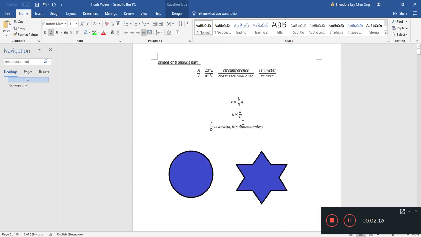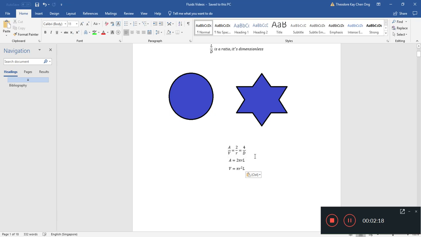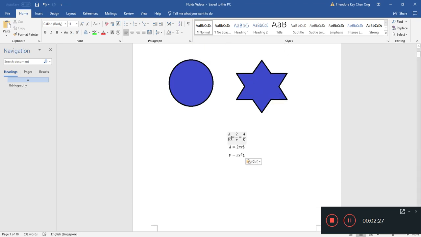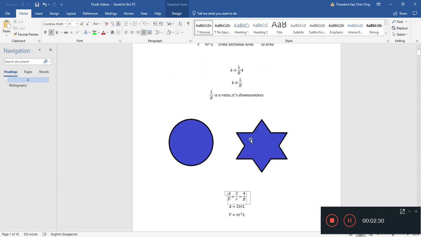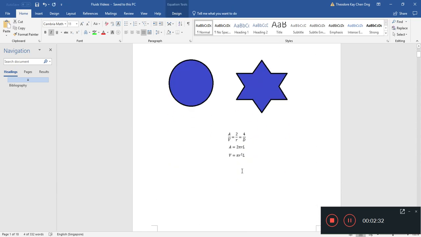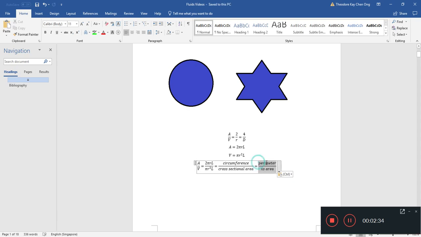We have seen that the area to volume ratio for a cylinder is 4 by D. In fact, we have also found that the area to volume ratio is simply the perimeter, which we call the wetted perimeter because the fluid is in contact with the entire perimeter. It is the ratio of the wetted perimeter to the cross-sectional area.